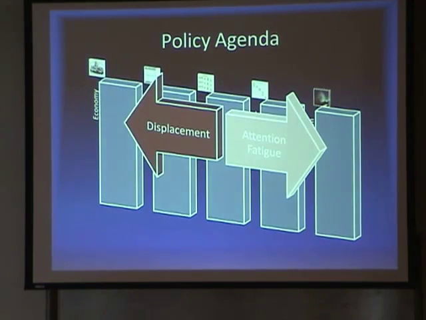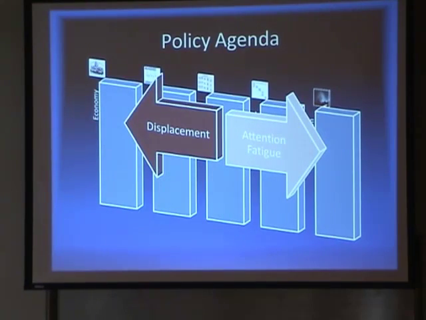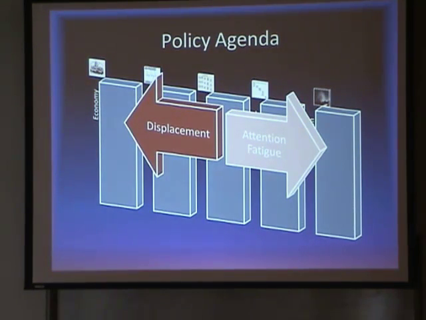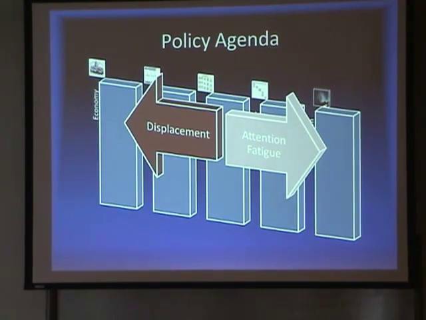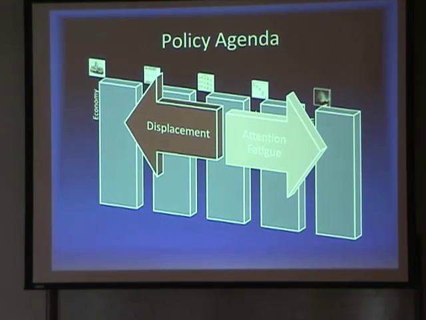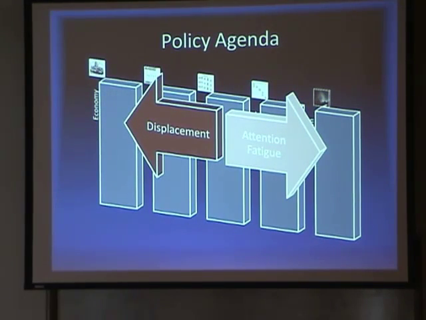The 2 things that can get you off the policy agenda are displacement, where some other issue comes up and automatically knocks something off, and secondly, attention fatigue, that after a while, even if it remains a problem, you lose the public interest.